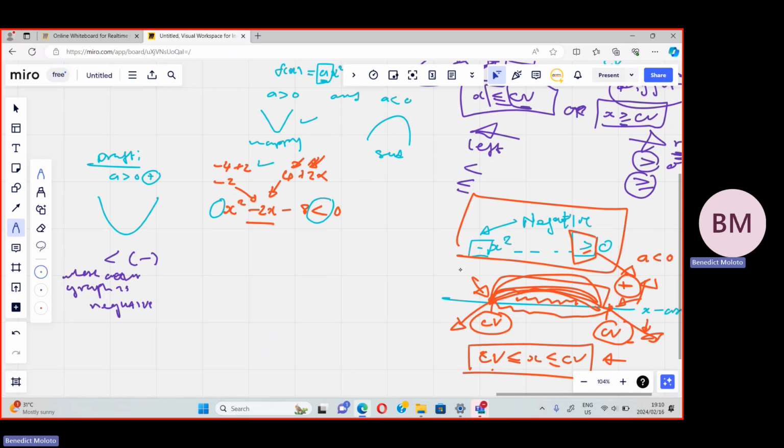So here we'll have this bracket: (x minus 4)(x plus 2) less than 0. I'm writing fast.